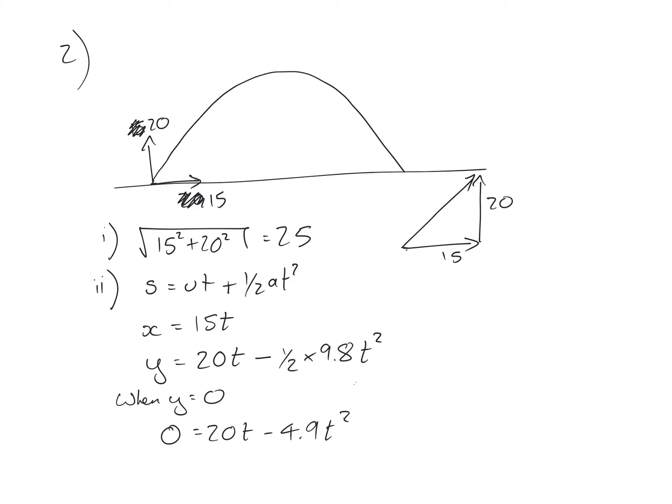So we can divide through by t, because t equals 0 is not the solution that we're after. We get t is 20 over 4.9, which is 4.0816. I'm going to keep that in my calculator.